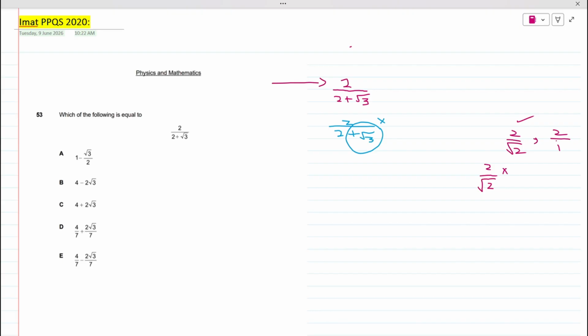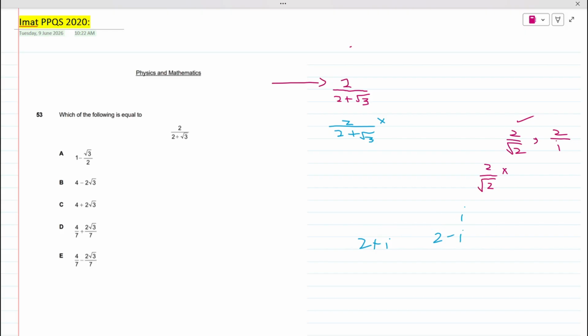For instance, if we had 2 upon 2 plus iota, you would have rationalized it by taking this entire factor from the denominator and changing the sign of the imaginary number, minus iota, in the numerator as well as in the denominator. So this is what we call rationalization.